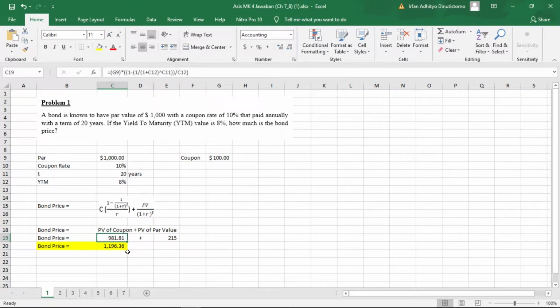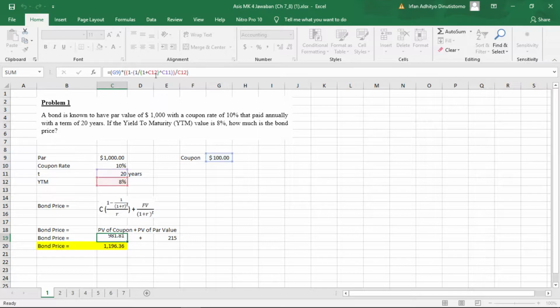So what is the bond price? This is the present value of the coupon. Using the annuity concept, it is 100 times the present value interest factor, which is 1 minus 1 per 1 plus 8% to the power of 20, divided by 8%.